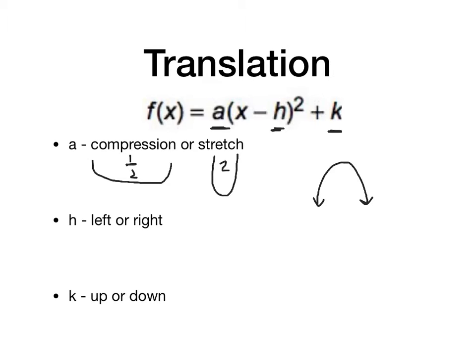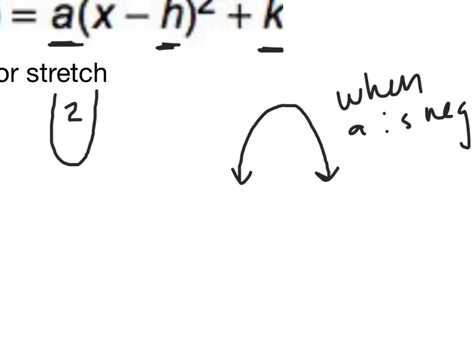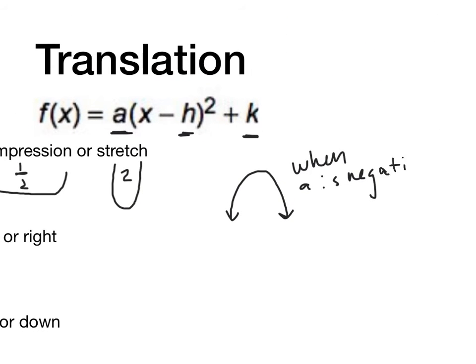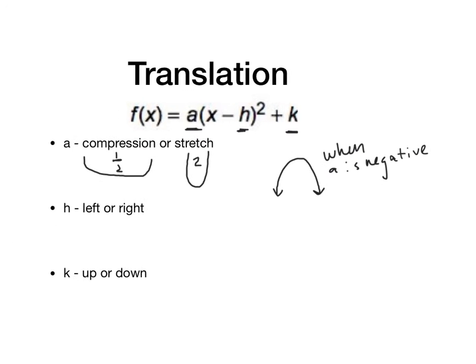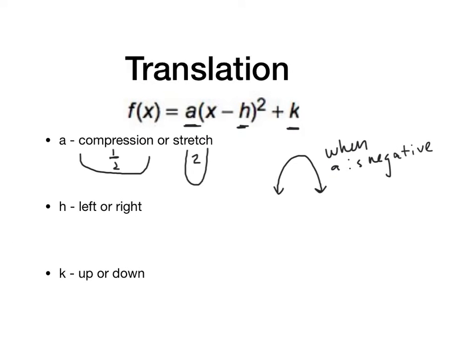So when a is negative, instead of being a smiley face, it's going to be a frowny face. What happens if it's 1? When a is 1, it'll be like the parent function. It'll just be the regular parabola size.